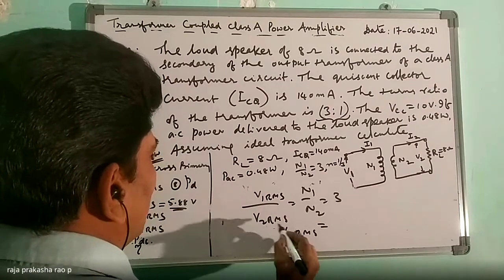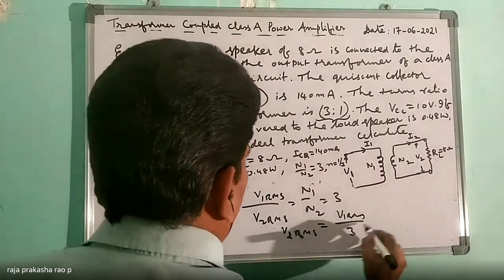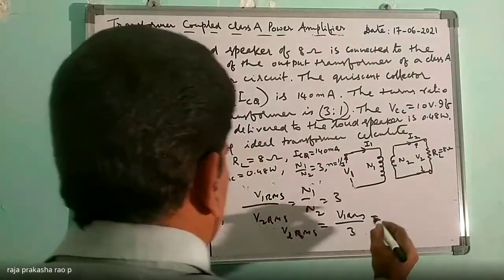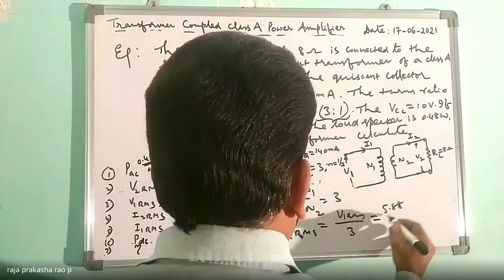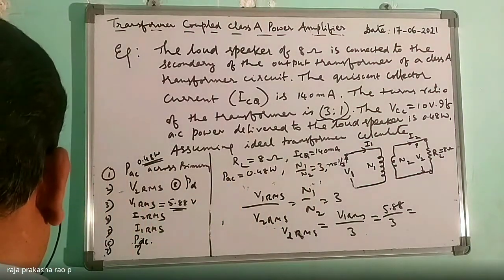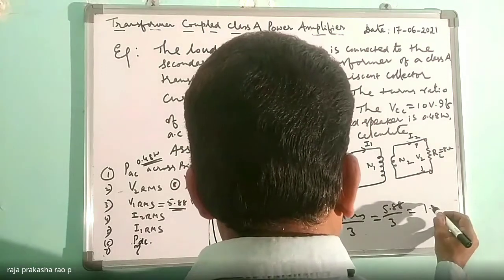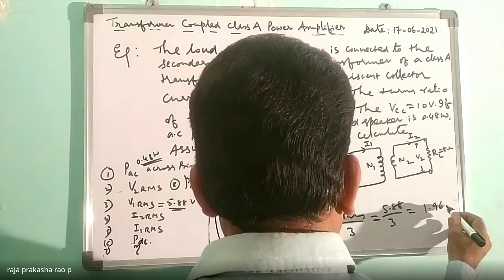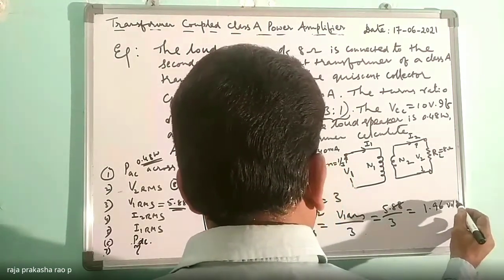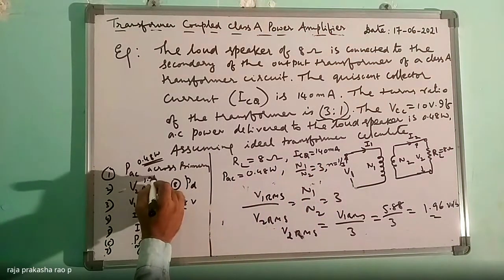V2 RMS is equal to V1 RMS by 3. So what is V1 RMS? That is 5.88 by 3, which is equal to 1.96 volts. Okay, V2 RMS is 1.96 volts.